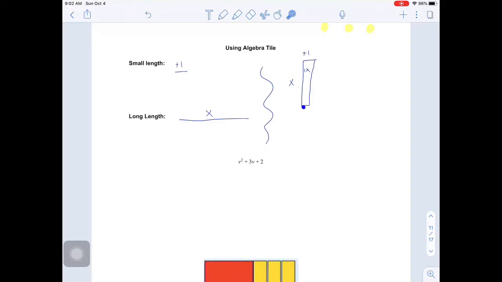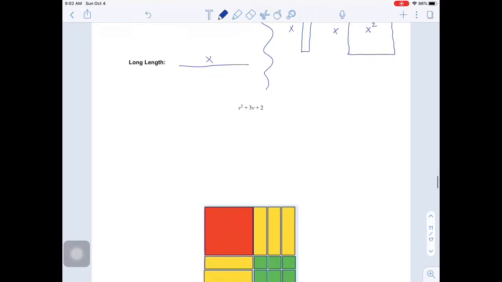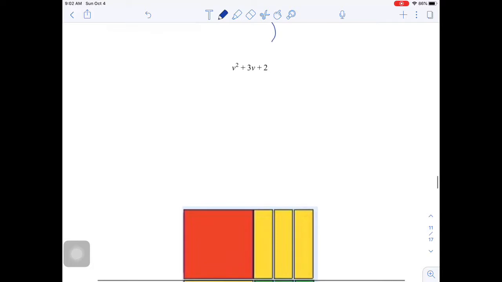It's the area of this shape, and these tell us what the side lengths are. So here we could have a long length on top, so this is x, and a long length on the side, so this is x. So the area that we can create from this is x times x, which is x squared.